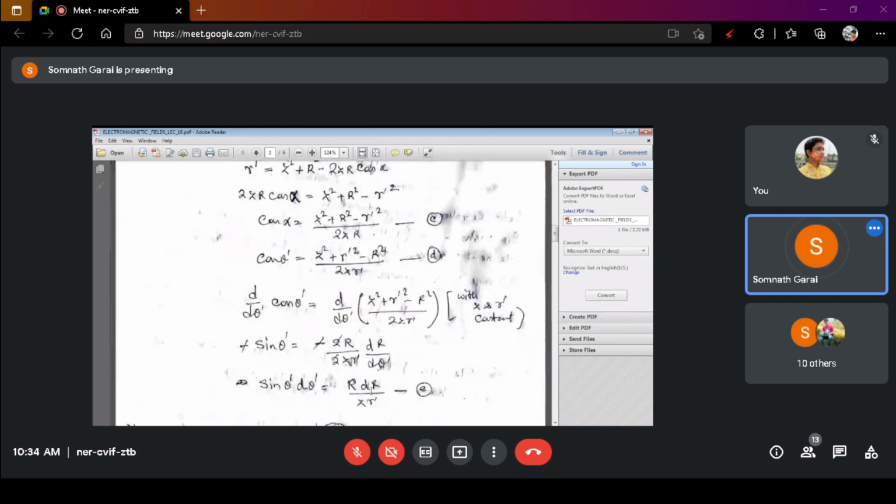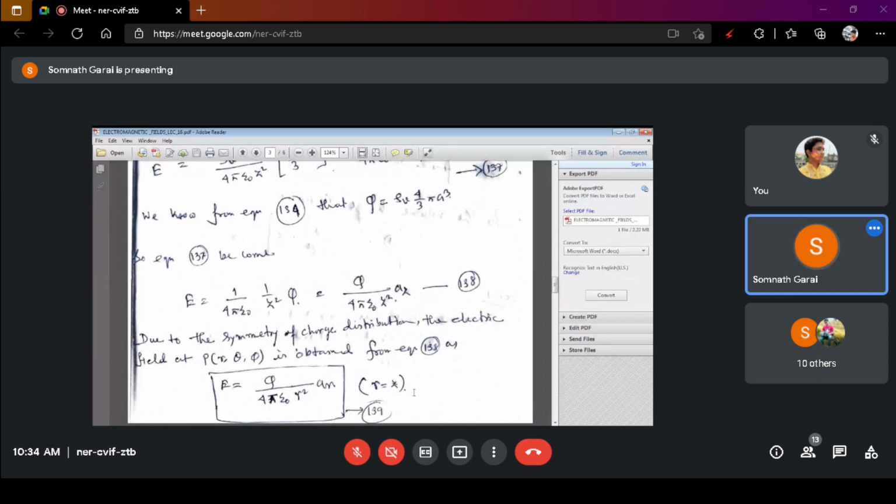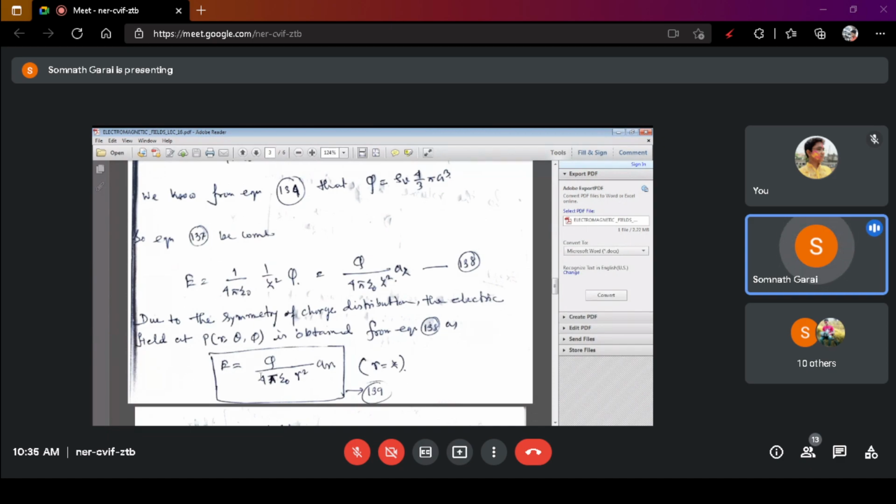So we can replace Z equals R. Due to symmetrical charge distribution, the electric field at the point P, whose coordinates are small r theta phi, in spherical coordinates is E is equals to Q by 4 pi epsilon naught R square into AR, because we replaced Z equals R. So equation number 139 basically gives the electric field intensity of the volume charge.